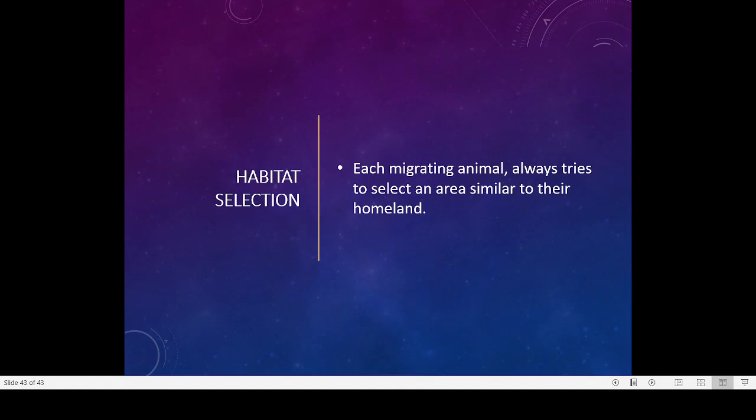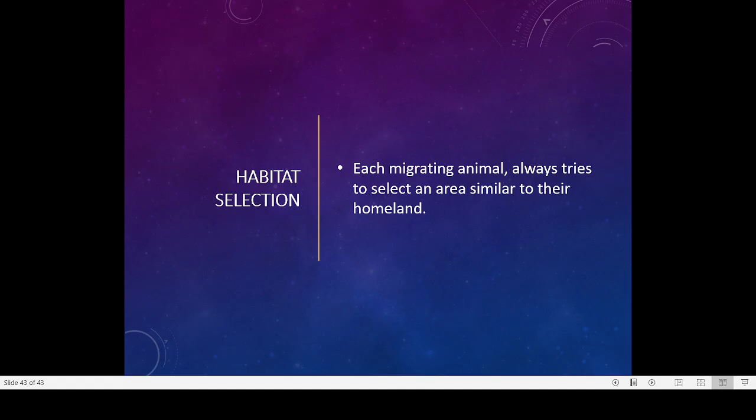Then habitat selection is another factor. Each migrating animal always tries to select an area similar to the homeland. That is another problem. When an animal which is used to living on a particular type of tree or a particular type of plant or a particular type of water body is unable to find a similar type of tree or plant or water body, it will not settle there.